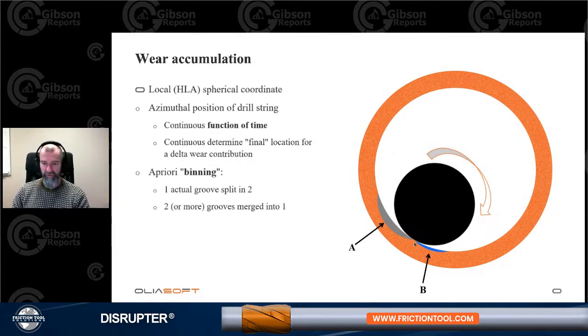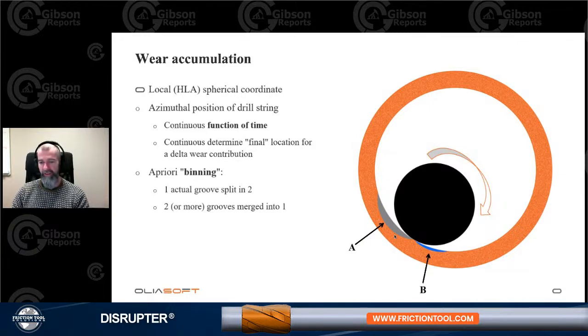You can do some binning in azimuth or along here to see, okay, if the drill string ends up between, say, the beginning of the blue half moon here and the end here, then we know that we need to add the new wear to the B groove, right? Or it could end up on the other side and we need to add it to the A groove.